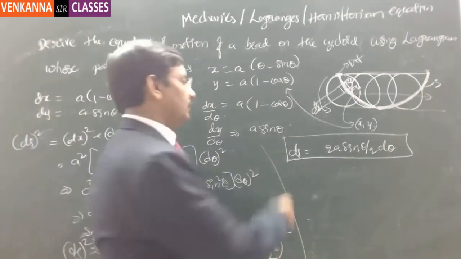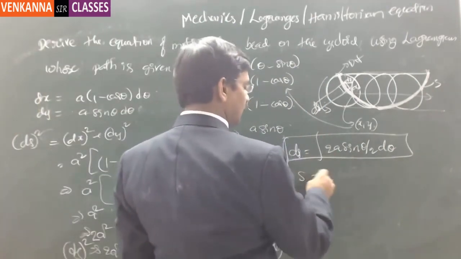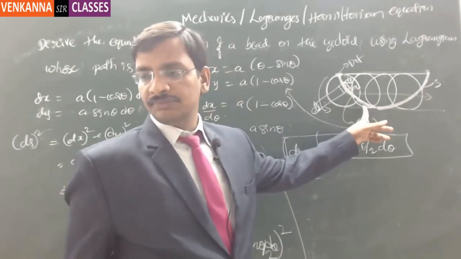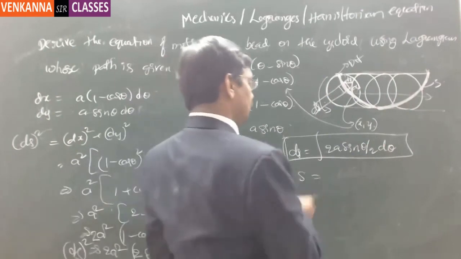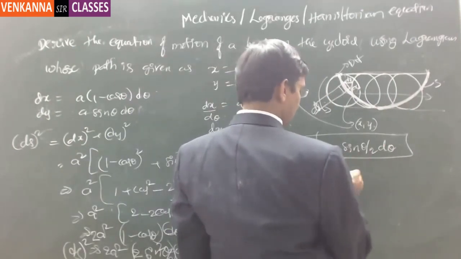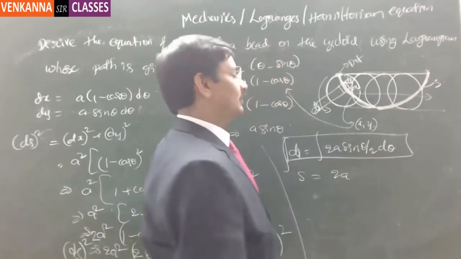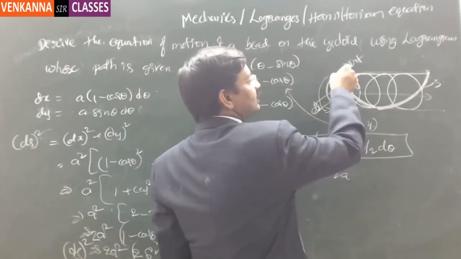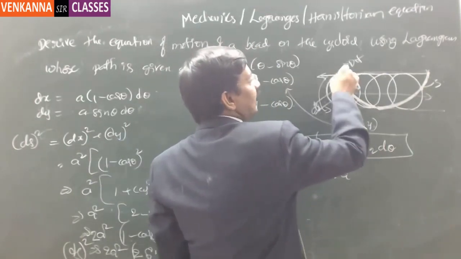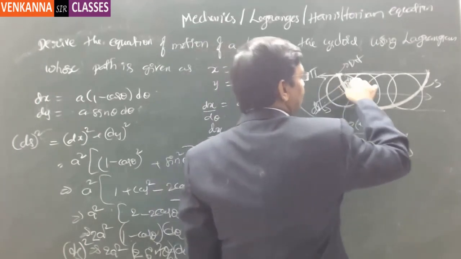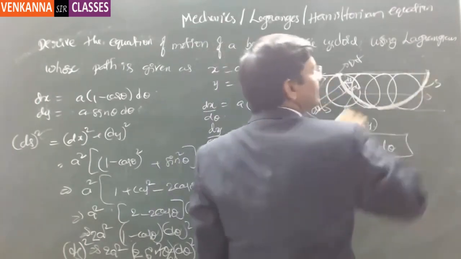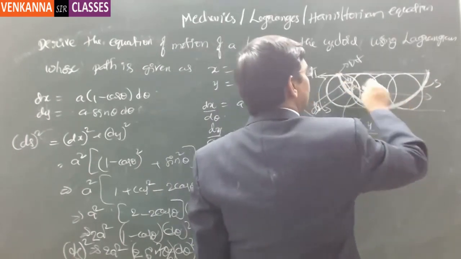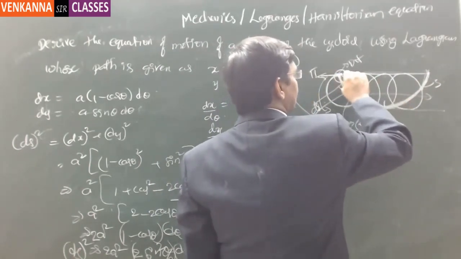Now if you integrate this on either side, you are going to get the value of s, which is nothing but the length of the path. So s is the integral of 2a sin theta by 2, and this theta is varying from pi initially, and when it has rotated completely, it is 2 pi. Now at any random point, the angle it is going to take is theta.